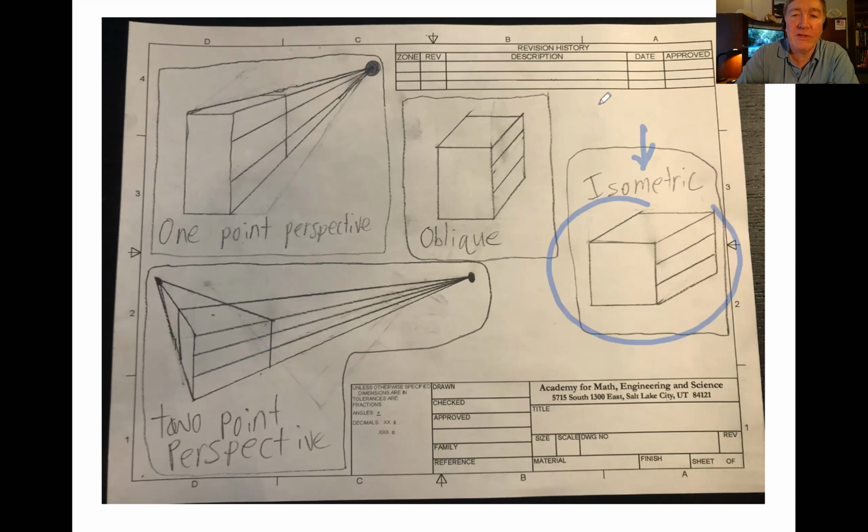The isometric drawing that you see here and the oblique drawing, those are both the same drawing technique. Both of those are what I call 1-point isometric, but what other people call oblique. Both of these are that same 1-point isometric technique.